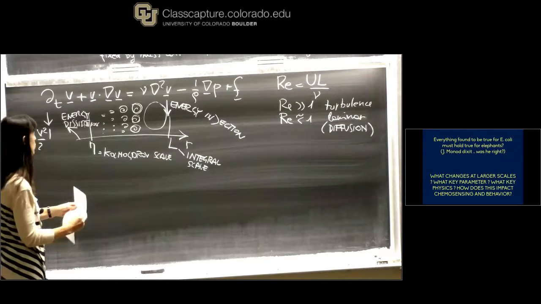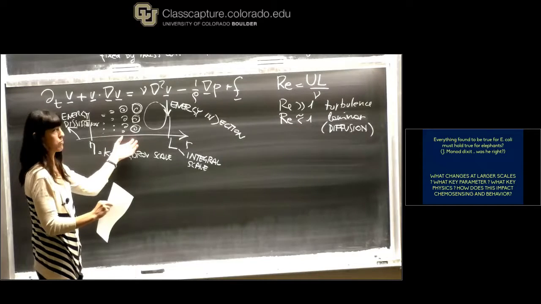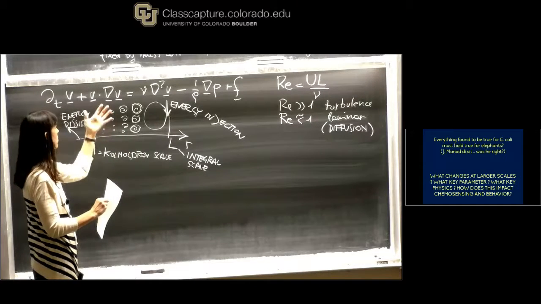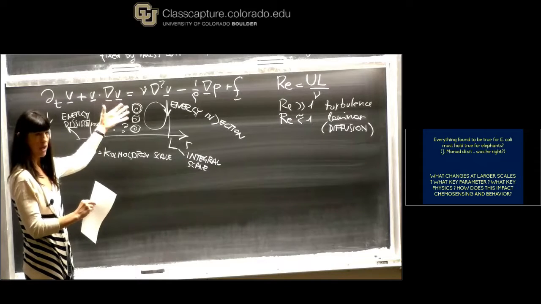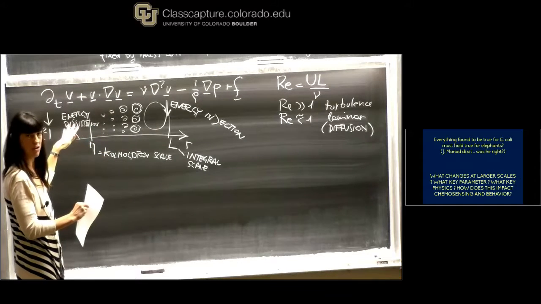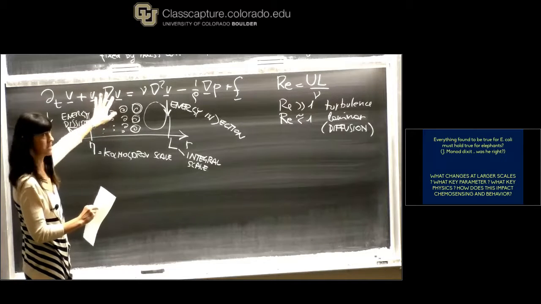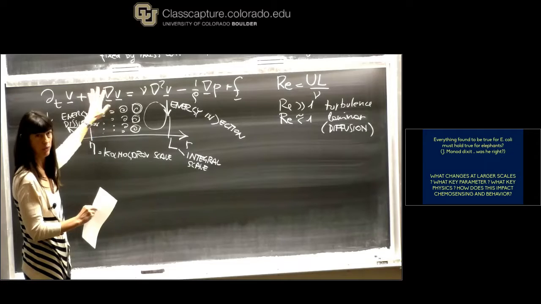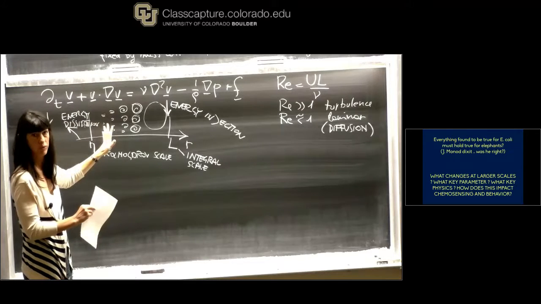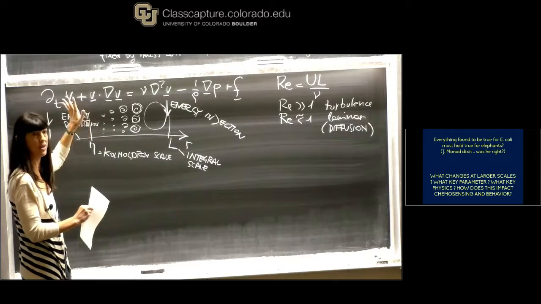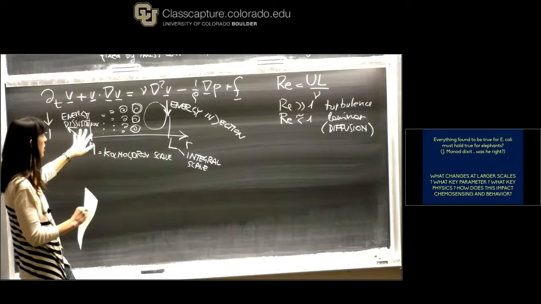The first assumption is exactly represented here, which is that the effect of this term is to transfer energy at different scales. Which makes sense because it won't dissipate energy in itself. If you integrate across the whole volume, this will give zero. So what it does is it transfers energy at different scales.